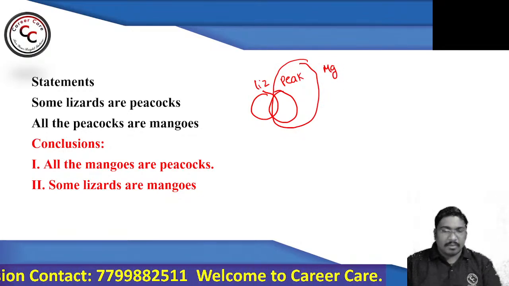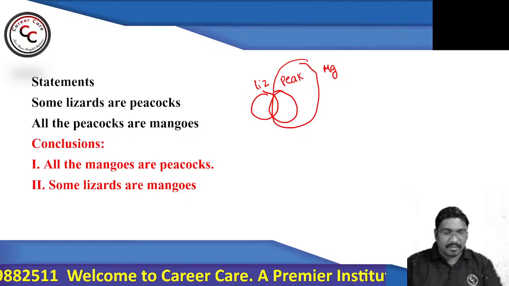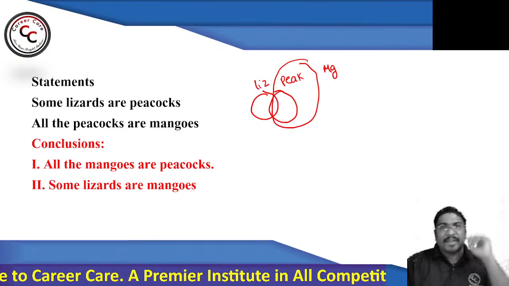Right? Now, look at conclusion number 1. What does conclusion number 1 say? One follows, only two follow, neither nor. Let's see. All mangoes are peacocks.